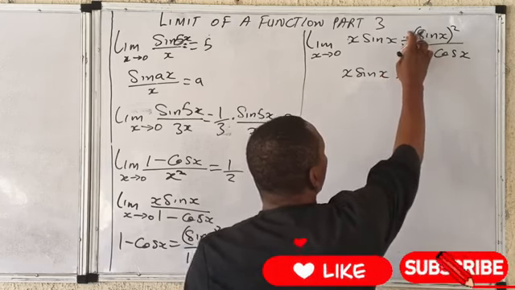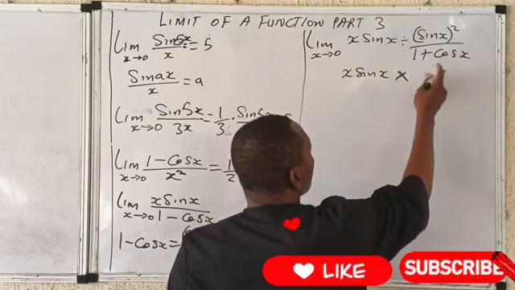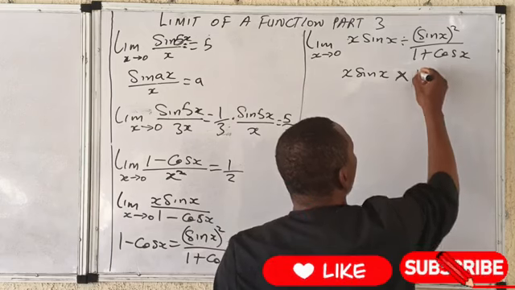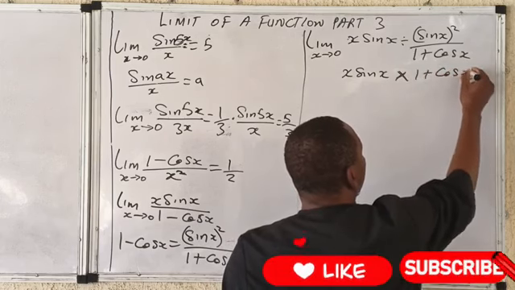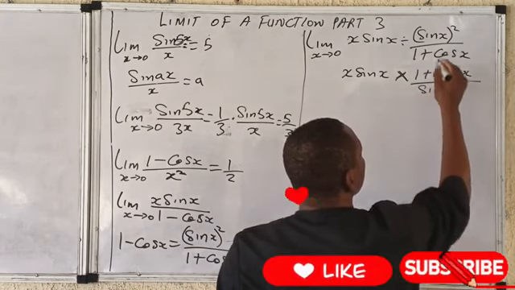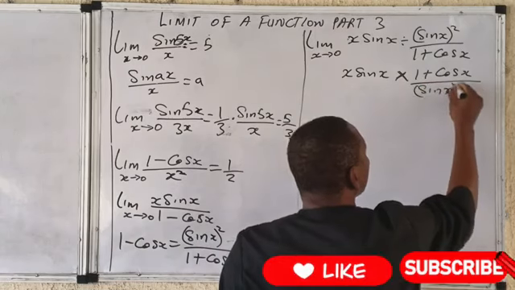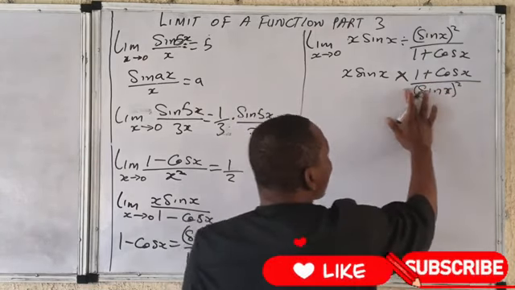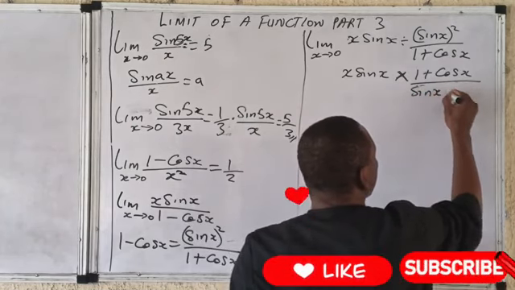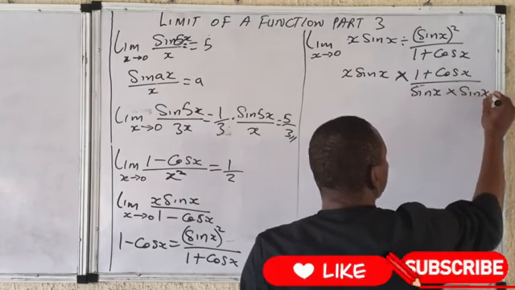Now we can rewrite it as x sine x times. If you want to change division to the multiplication sign, what will you do? Just turn it. Let this become the numerator and this will become the denominator. So now I have 1 plus cos x all over sine x square. Now, sine x square is the same thing as sine x times sine x.